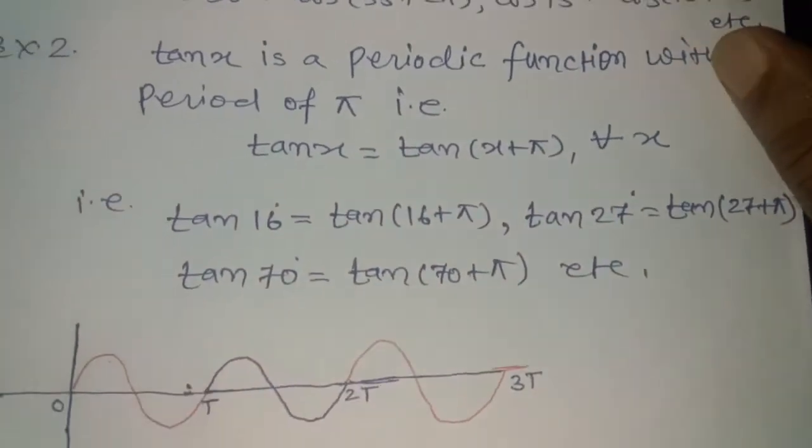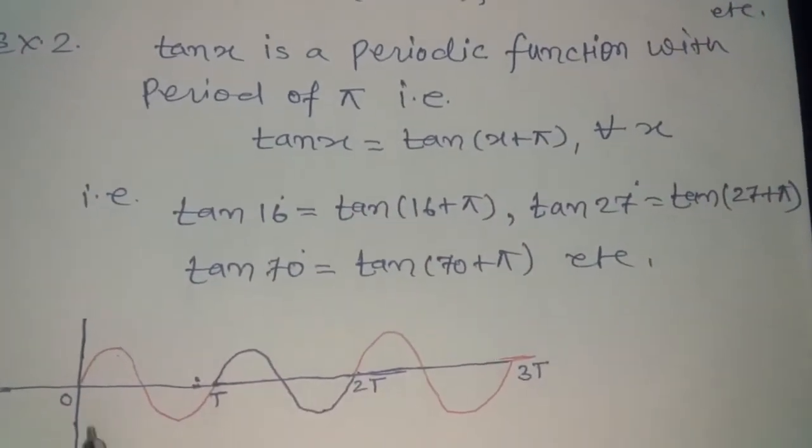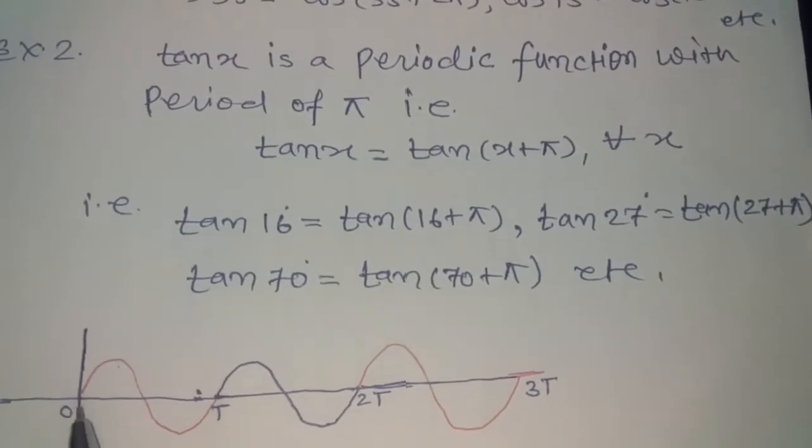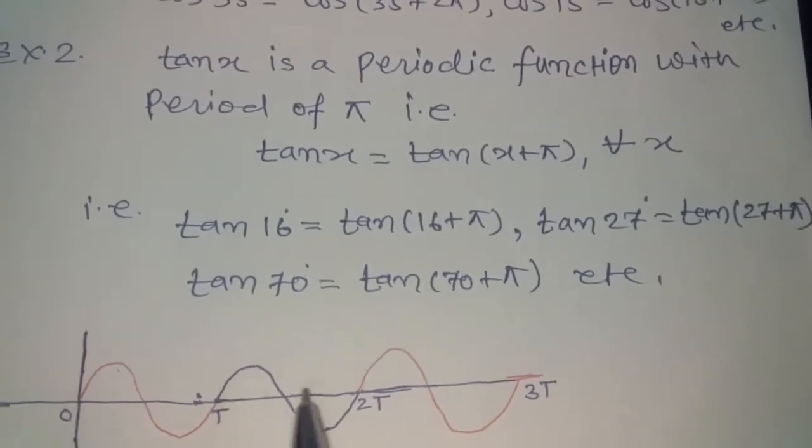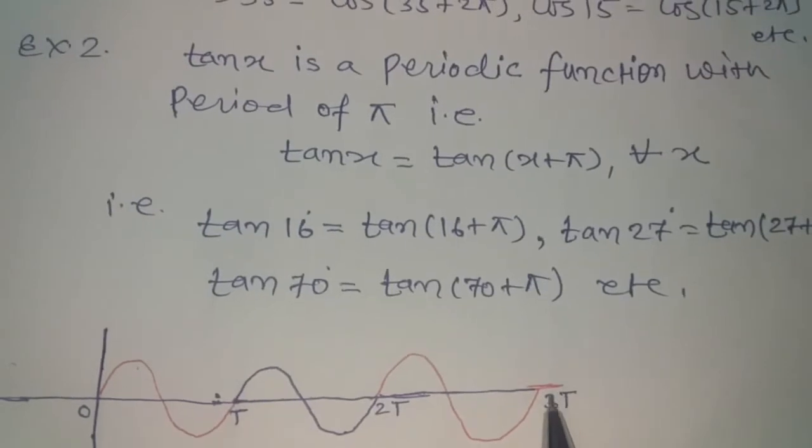Look at the graph of a periodic function. Here the period is 0 to T, then T to 2T, 2T to 3T.